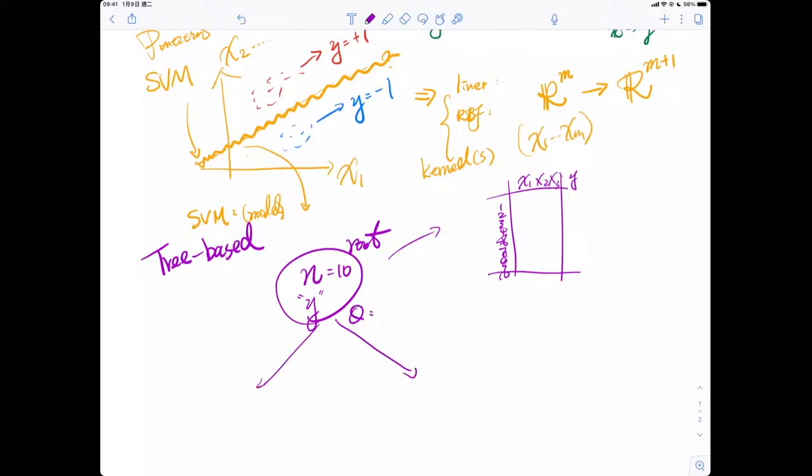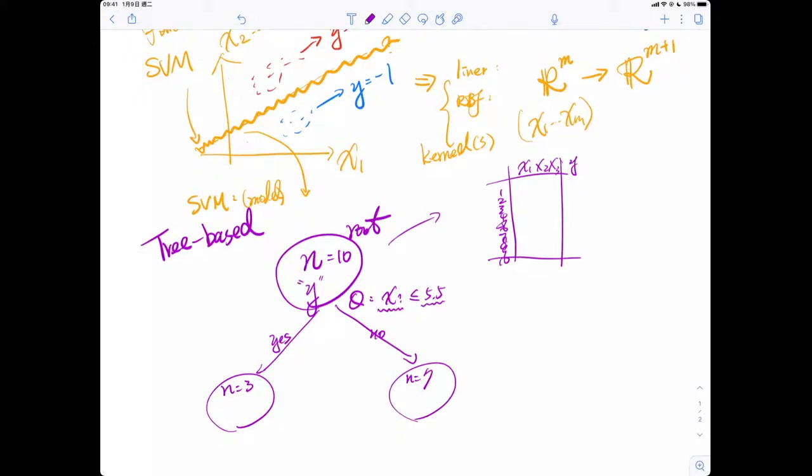The question is related to a feature, maybe along with a parameter, and the answer should be yes or no. Based on this question, I can partition the original data, which has 10 data points, into, just as an example, maybe 3. But the most important thing right here is what feature I should ask about at this moment, and what parameter I should use, and why I would like to do such a partition.